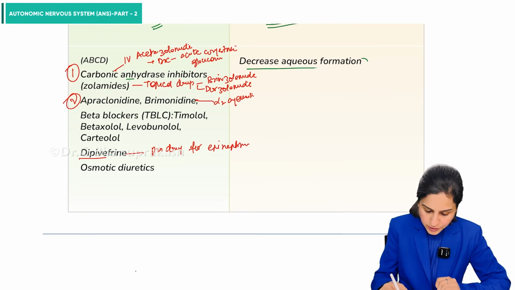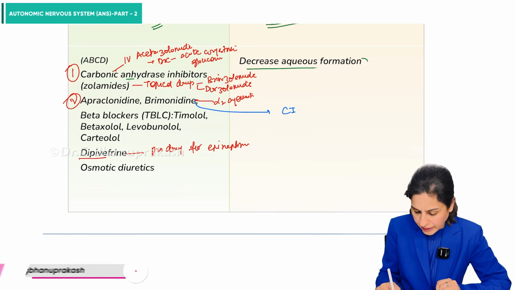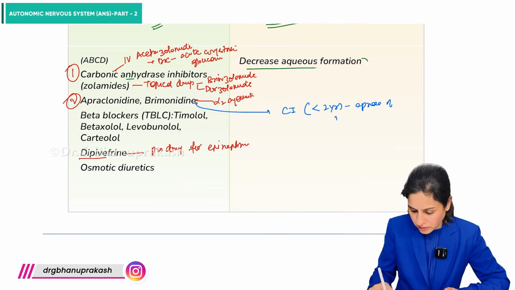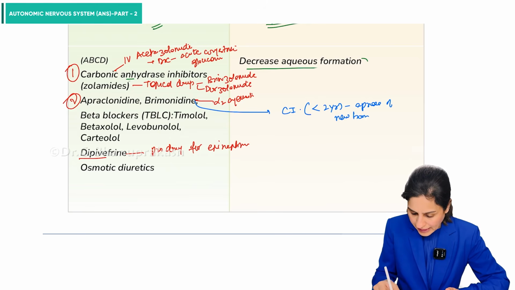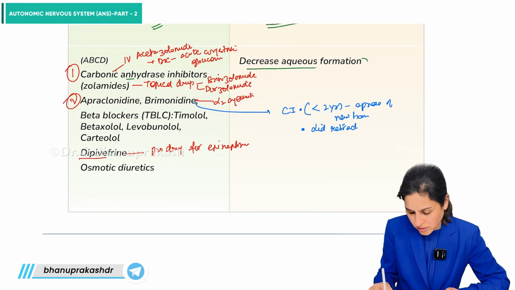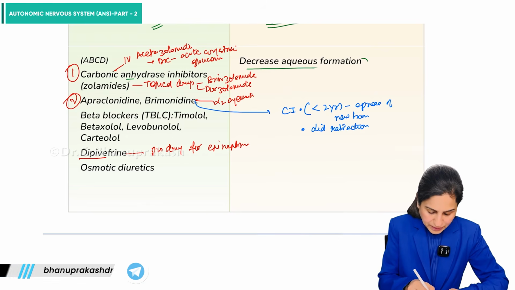Now important here to know is that brimonidine is contraindicated in children less than 2 years of age because it leads to apnea of the newborn. Okay, and it also causes lid retraction.